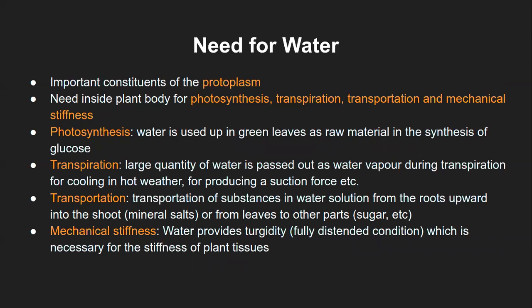So mechanical stiffness, like the tree grows really tall at times and it doesn't have any skeleton. How does that happen? That's something to be questioned, and that particular answer lies in the mechanical stiffness of the plant, which we are going to study later in the form of turgidity. Turgidity is one ability of the cell.